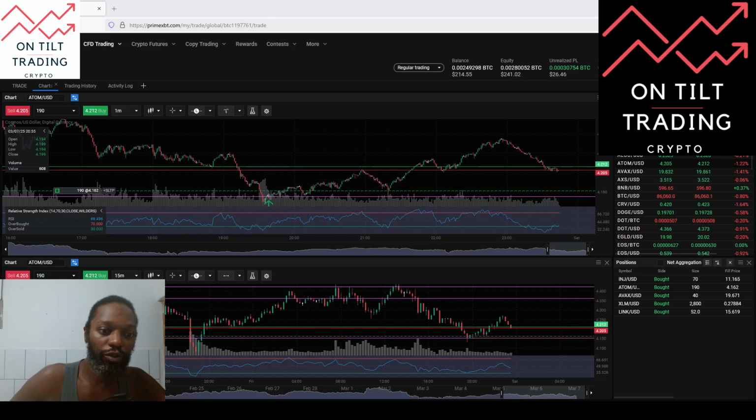You can see this purple line here, and this is the 1 minute. This purple line here coincides with this purple line here on the 15-minute. So this line is S3.